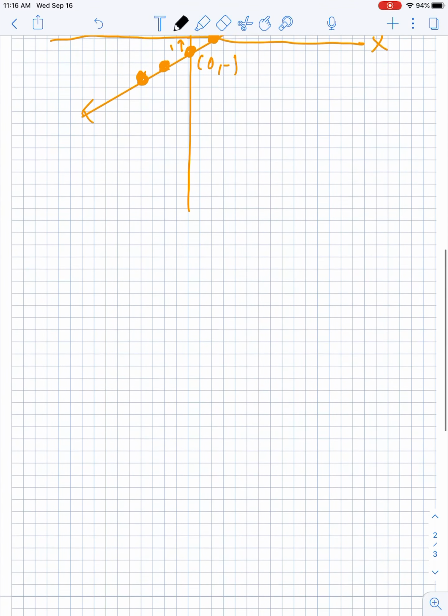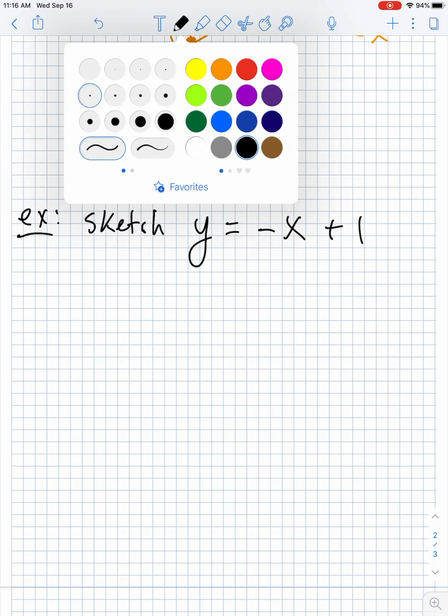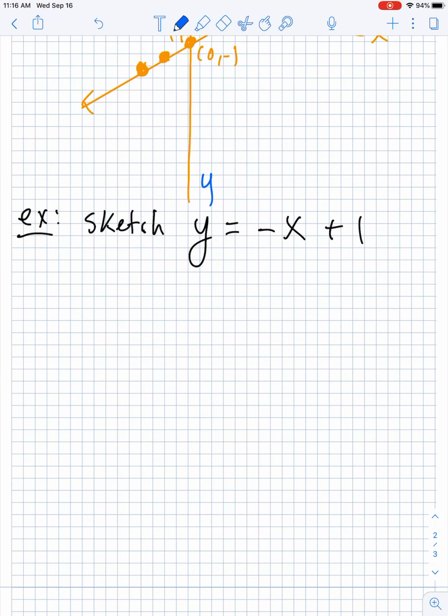Next up, a good old-fashioned y equals mx plus b. Y equals negative x plus 1. Just a refresher, this is y equals mx plus b, where this guy, m, is your slope or gradient, and this guy, b, is your y-intercept.